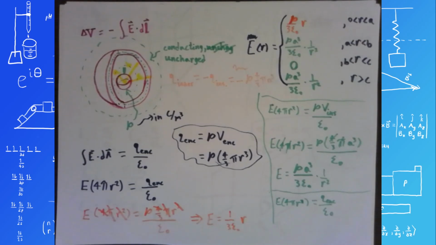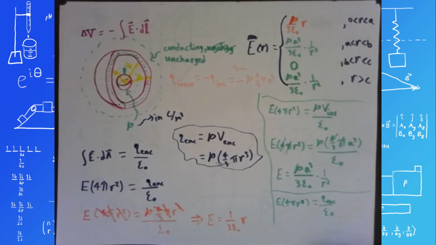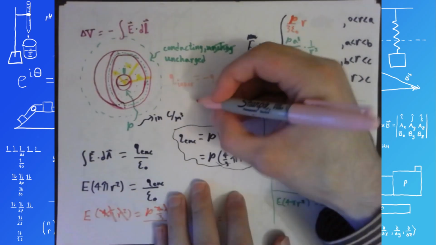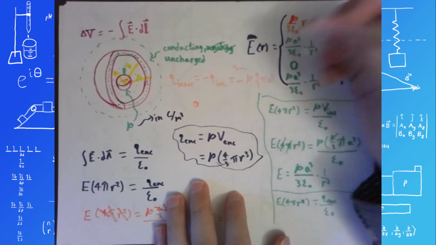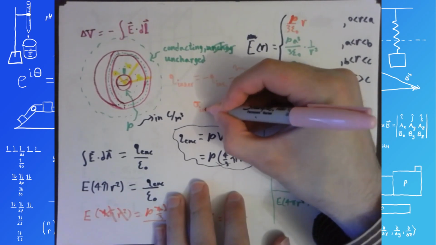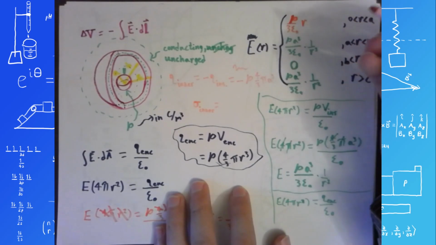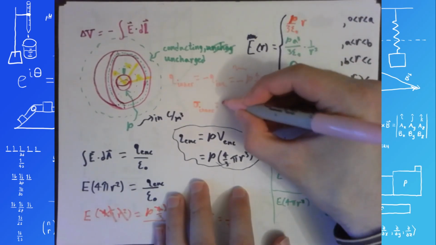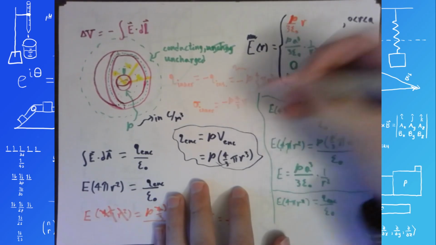And if I asked you instead for the surface charge density on the inner surface of the conductor, then you would just take this and divide it by the total surface area. So I would do, oh, and did I copy the negative sign for a minute there. I thought I didn't. I could say sigma inner is equal to, let's see, it would be negative rho times 4/3 pi a cubed.